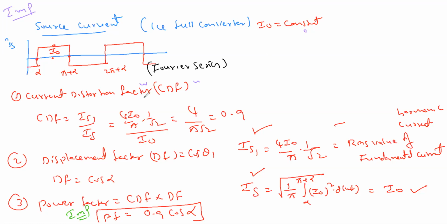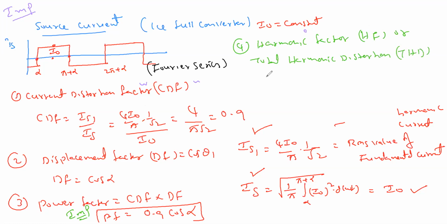Is harmonic factor, third, fourth one, HF, or this is called total harmonic distortion, THD. So this is defined as square root of 1 by CDF square minus 1.